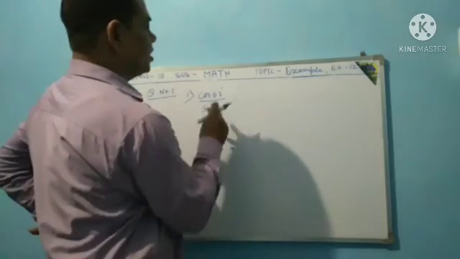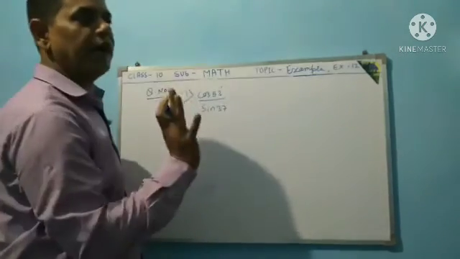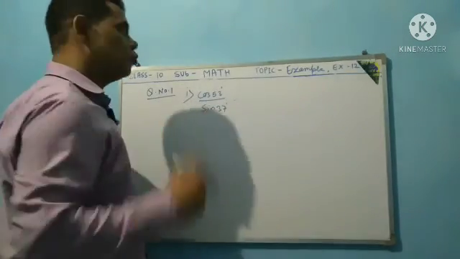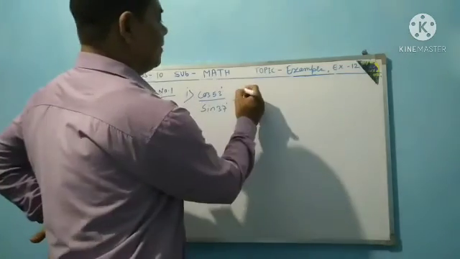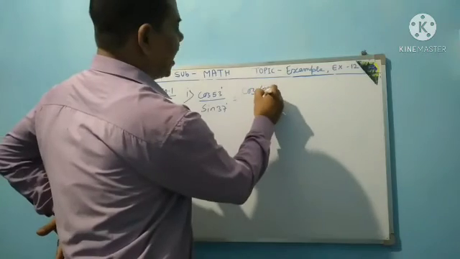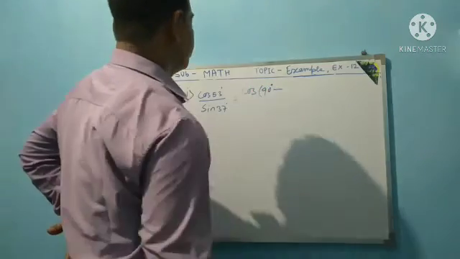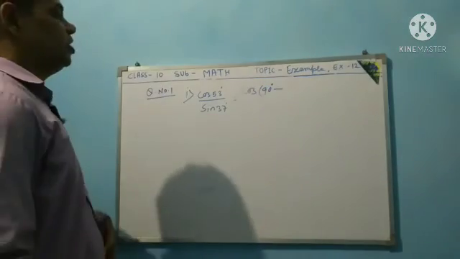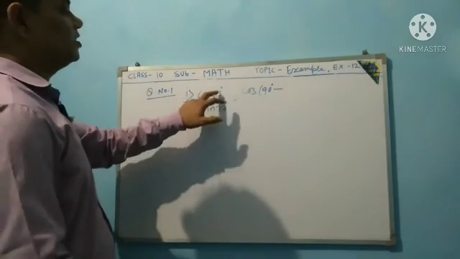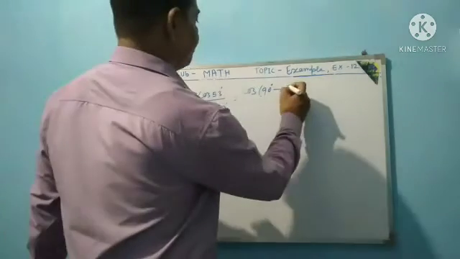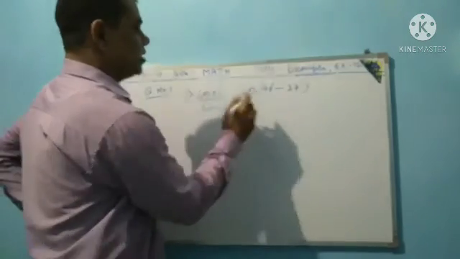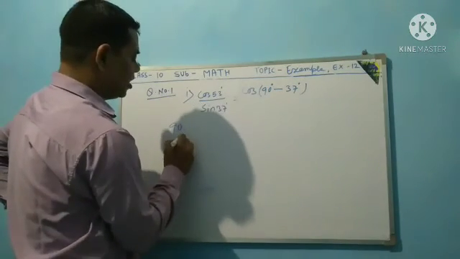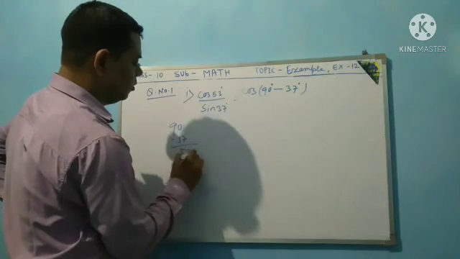In cos 53, if we change one, the other will come. So take first cos 53 degree. Cos 90 minus this term: if 90 minus 37, that comes to 53.